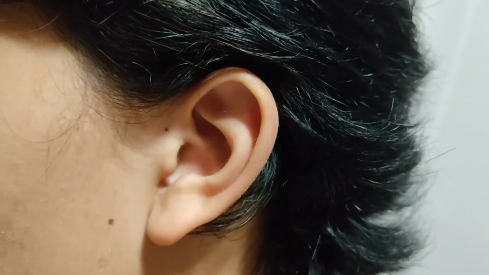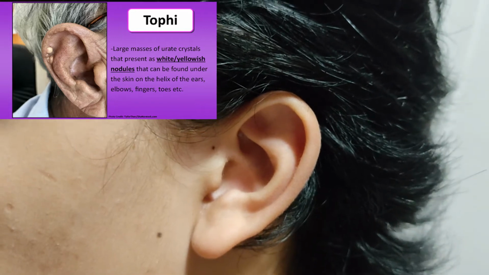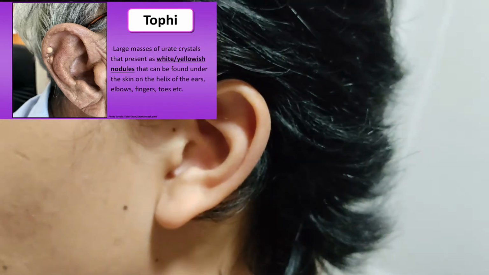Now let's proceed to the ear assessment. So let's inspect the outside of the ears for any abnormalities, redness, drainage, and such. So are you having any pain in the ears? No. Okay. Check for any masses that can be found under the helix of the ears, as it can be atrophy.